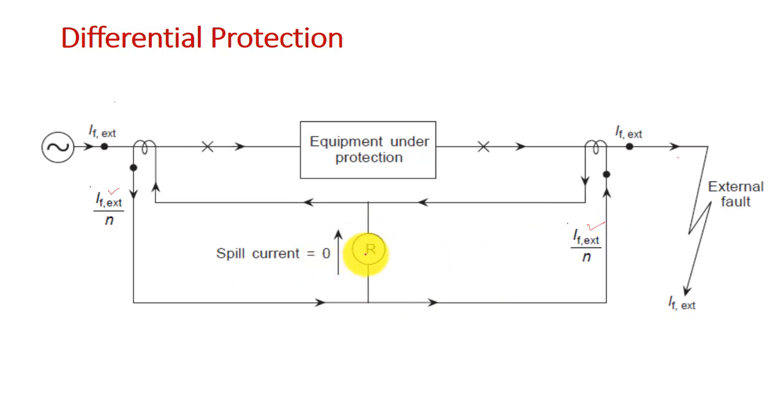Therefore, the spill current will become 0, your equipment is safe and it will not trip. If your fault is outside, then the relay somewhere else will operate, and the faulty part of the system will be isolated. So this is how the differential protection does not respond to an external fault.